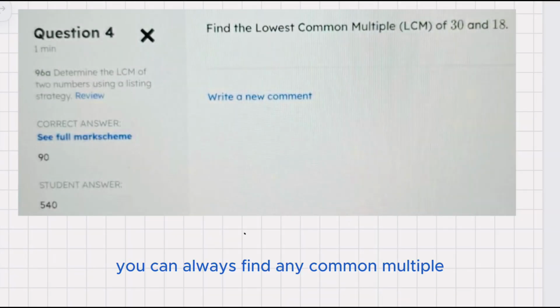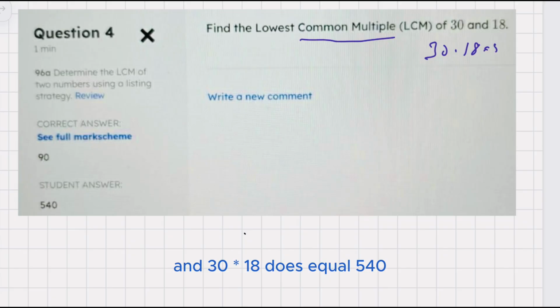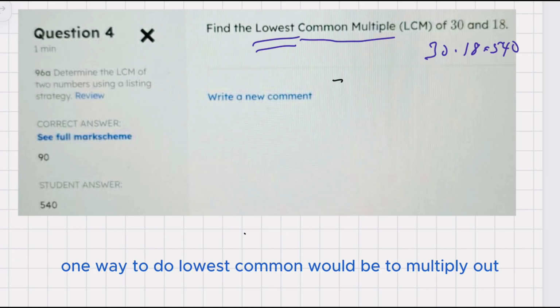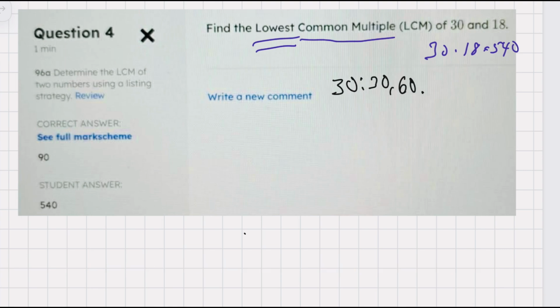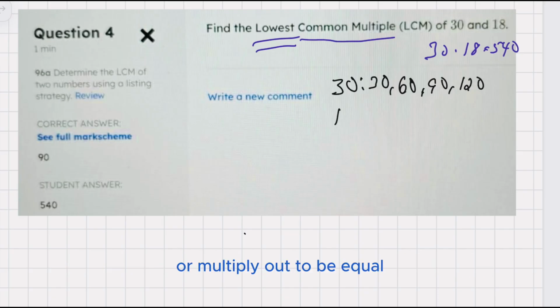You can always find any common multiple by multiplying two values together, and 30 times 18 does equal 540. However, that is not the lowest common multiple. One way to find the lowest common multiple would be to multiply out each of the values until you find where they skip count or multiply out to be equal.